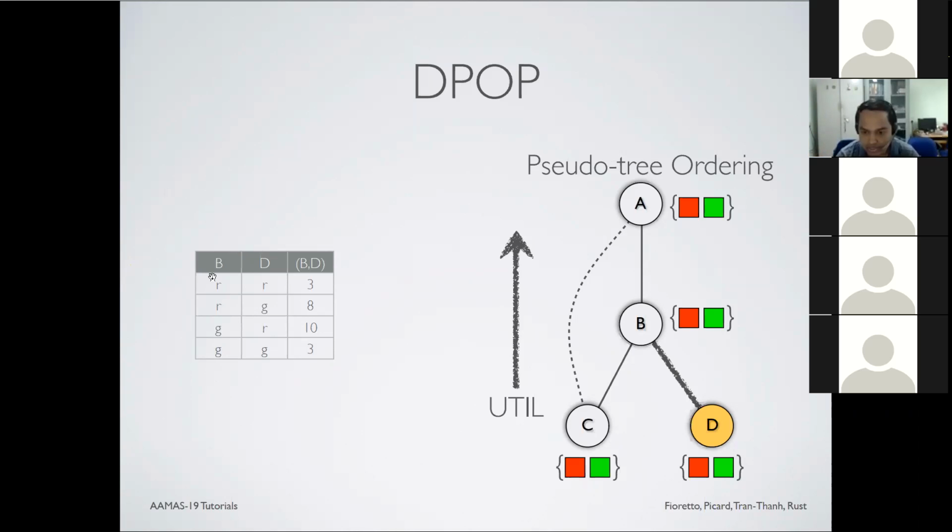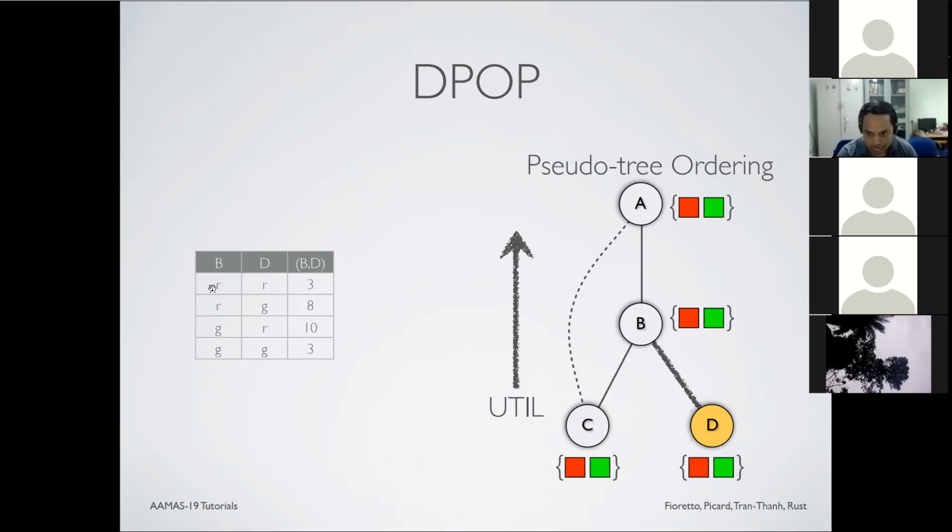If you now see my mouse, if I take B as red, D can be red. If I choose B as red, D can be green. So first consider these two rows. For both cases, B is red, but D can be red or green. As I said, the values are coming from up to down.